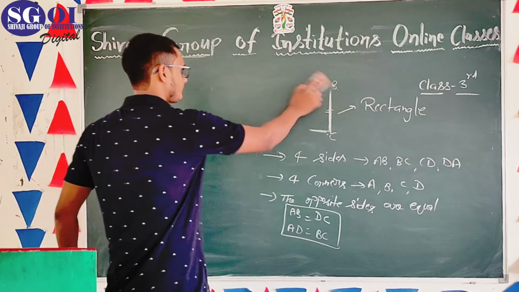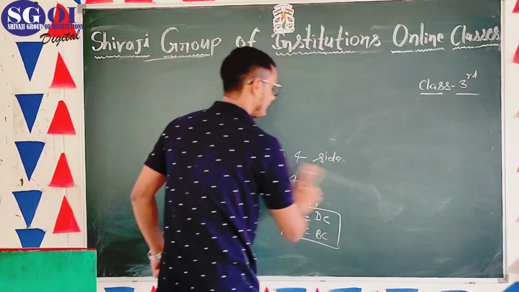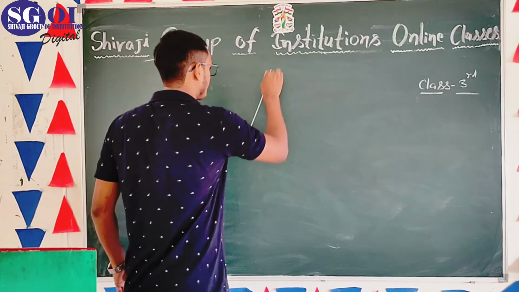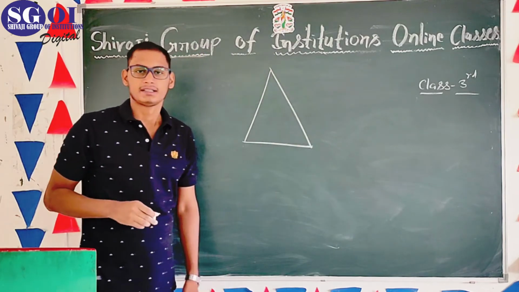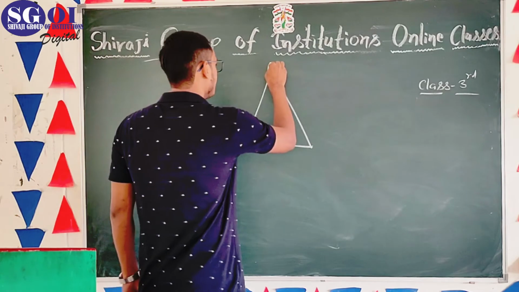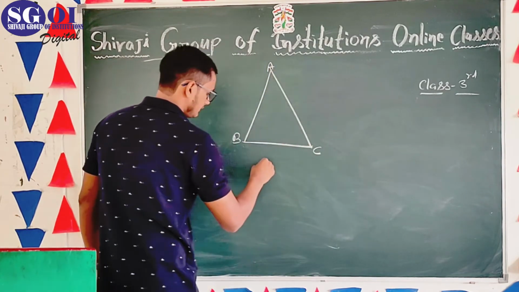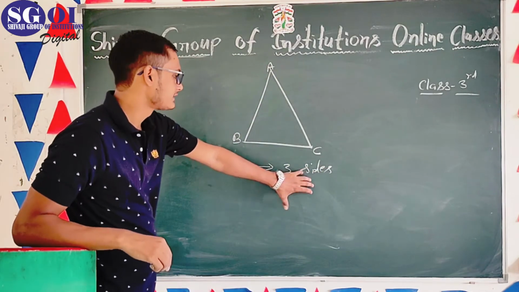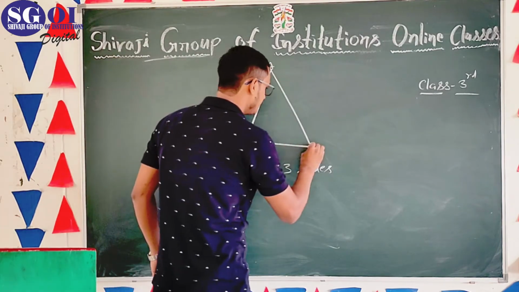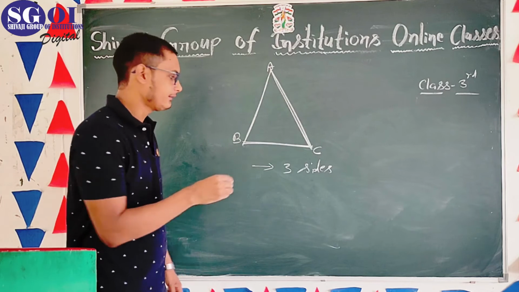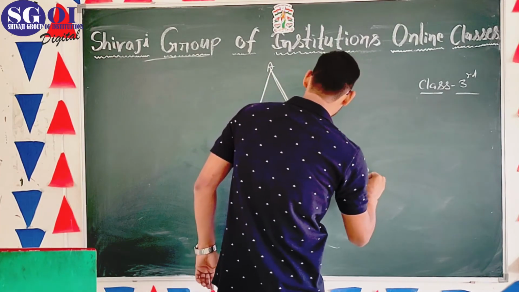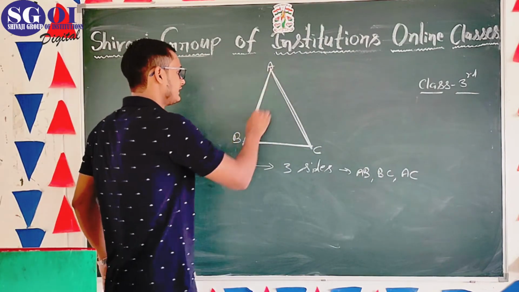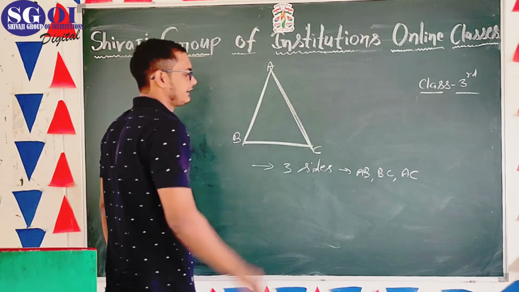Next step, triangle. Triangle has three sides: AB, BC, and AC.